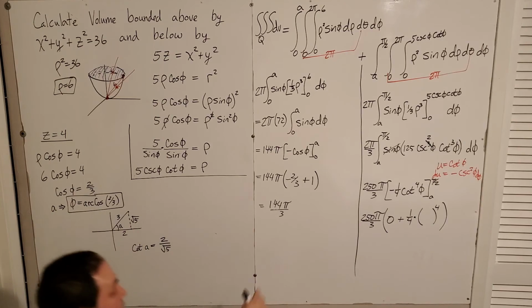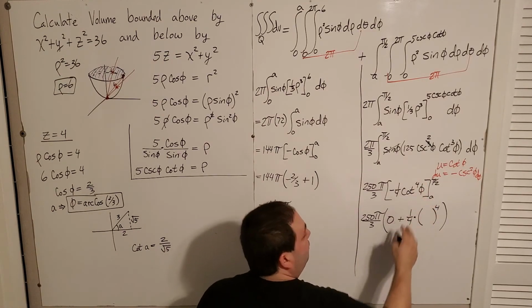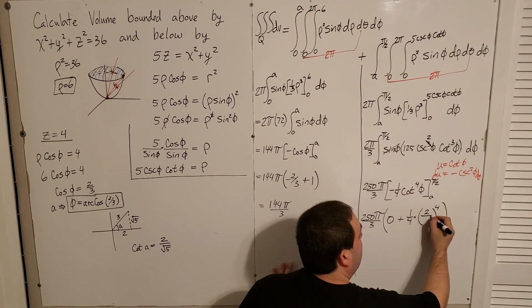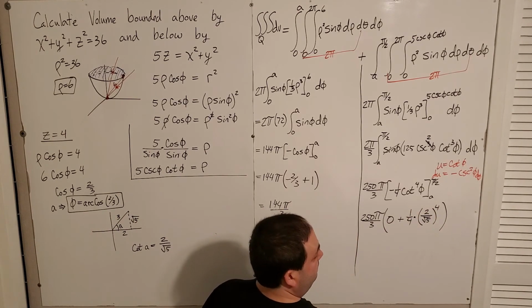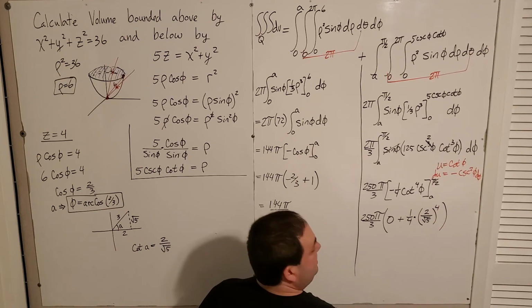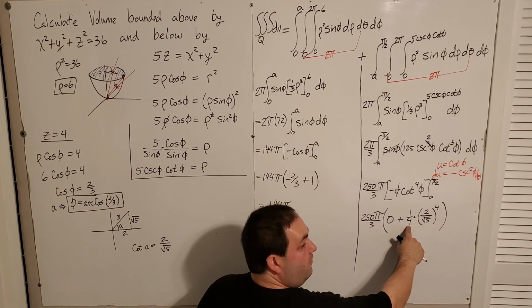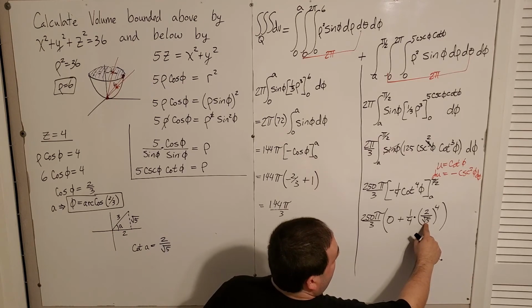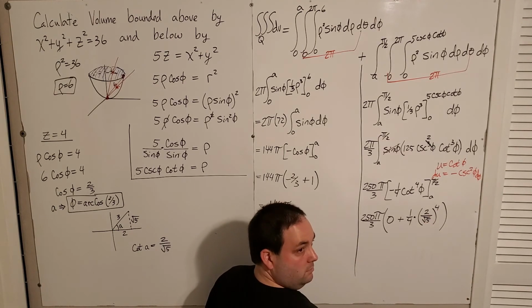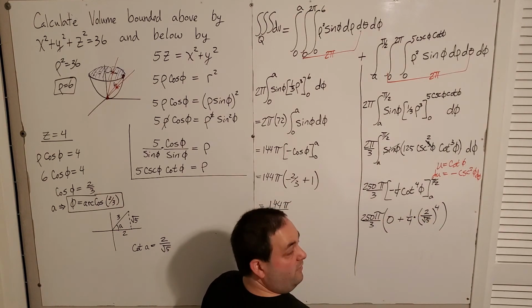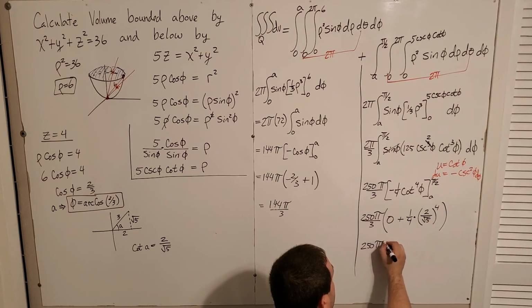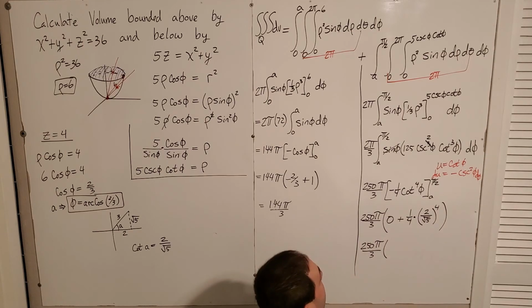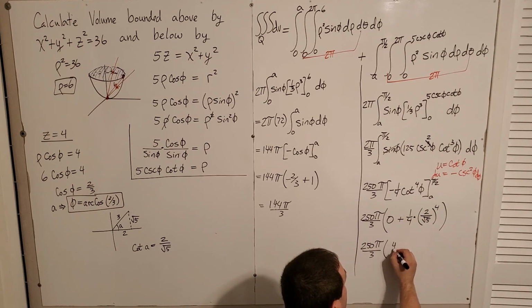So bring that back over here. Cotangent to the 4th of A, 2 over square root of 5. To the 4th, okay? 2 to the 4th is 16, divided by 4 is 4. Square root of 5 to the 4th is 5 times 5, 25. Okay, so I've got 250 pi over 3 times 4 over 25.